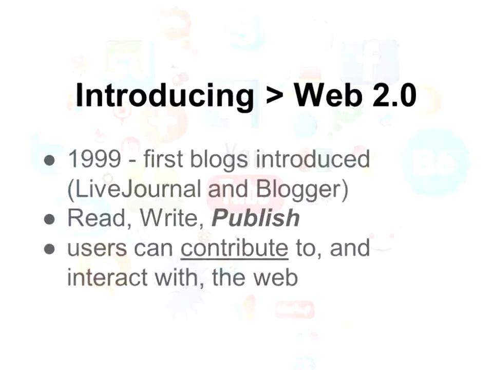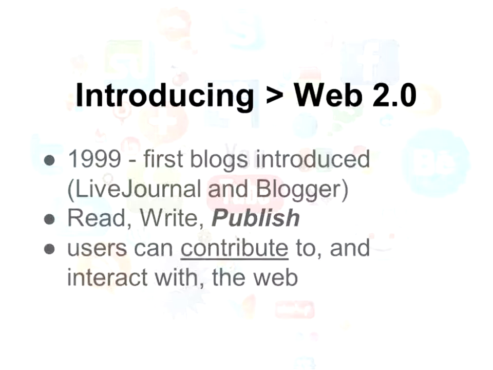So then we head on and we get to Web 2.0. Well, what was the difference there? In 1999, the first blogs were introduced, and some of the first ones were LiveJournal and Blogger. It's very interesting to think about where the word blog came from. Apparently it was a fellow doing some web logging, from those two words, but in the sidebar he put the words "we blog," and it ended up being shortened to blog eventually.